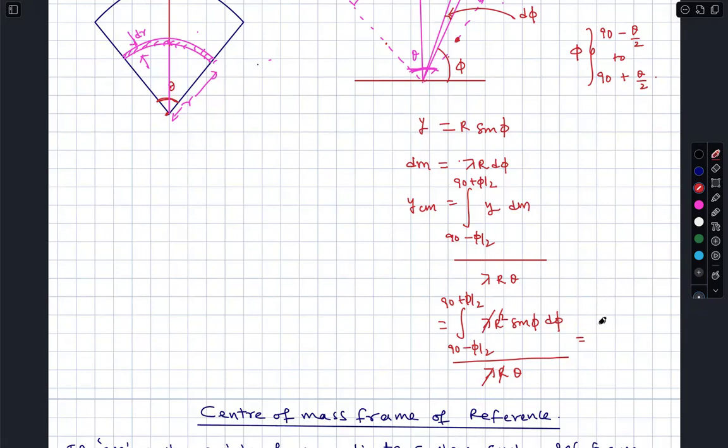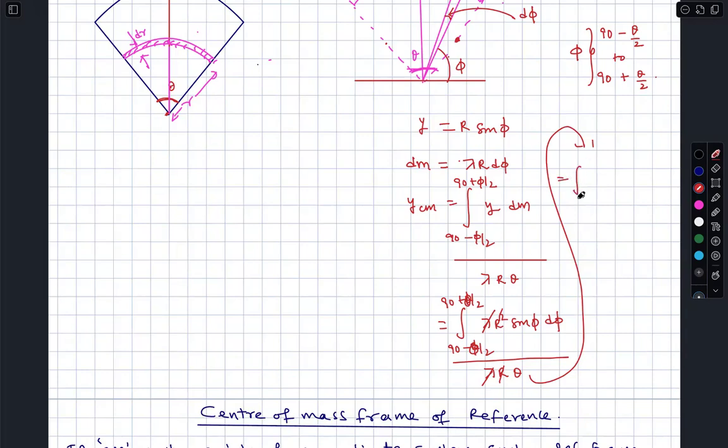You can write this as cos of 90 minus theta by 2 minus cos of 90 plus theta by 2. There is some r also in the numerator. I don't have space here. I'll write all this content to the left hand side.